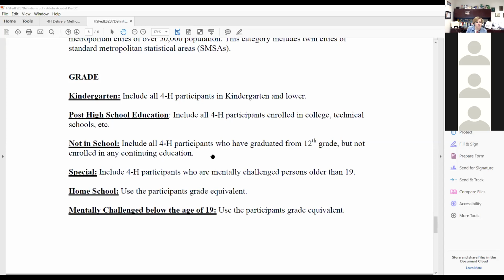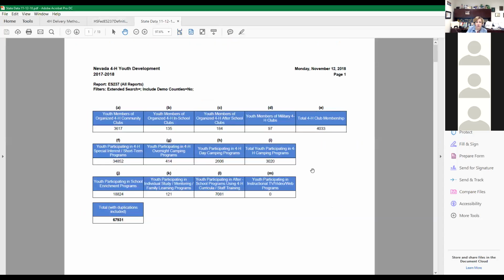I believe that there is also a special category, or I'm trying to remember here. Let me look at something really quick. I'm going to look at an ES 237 to remind me what those are. Okay.